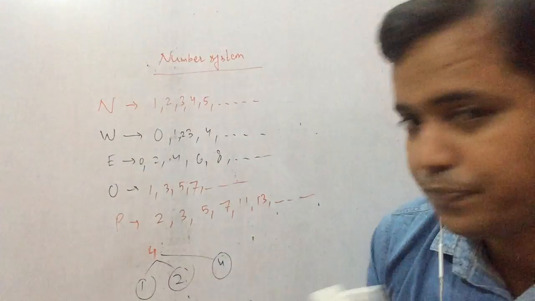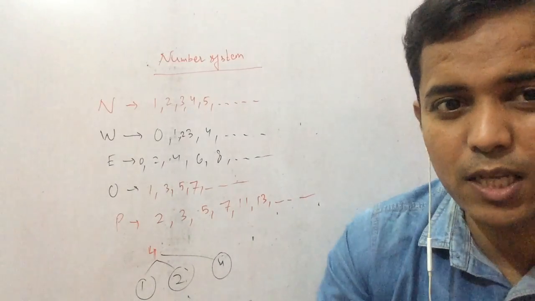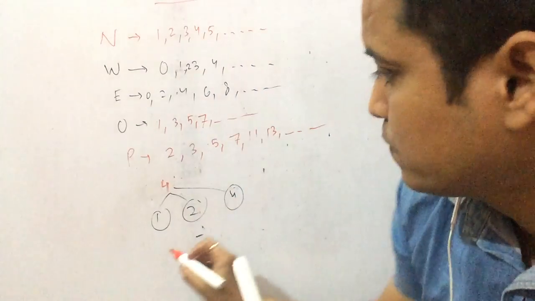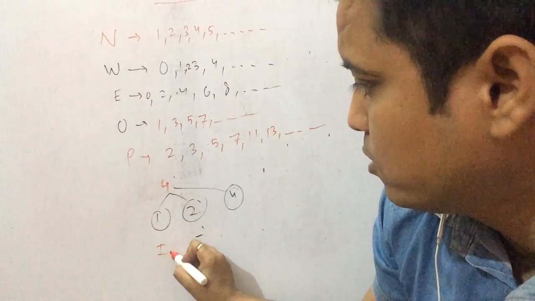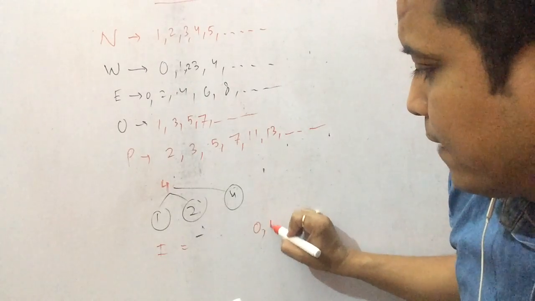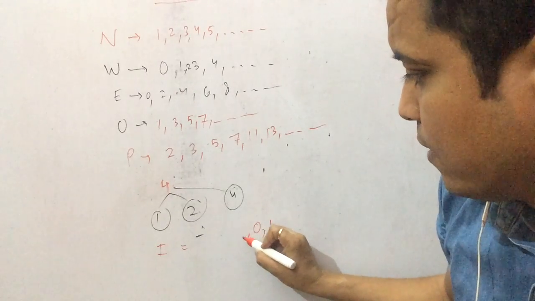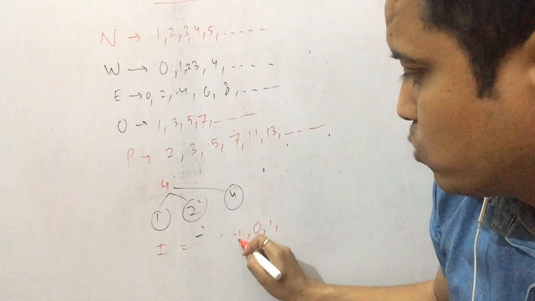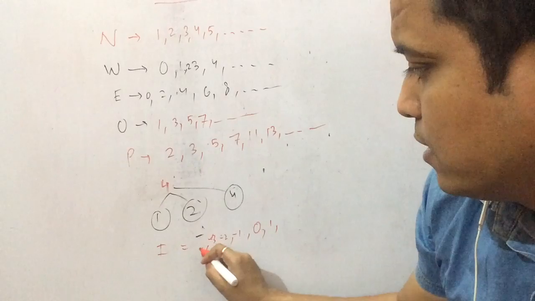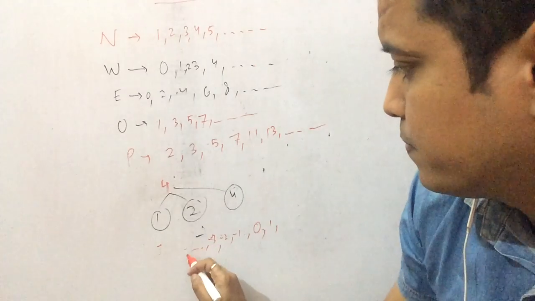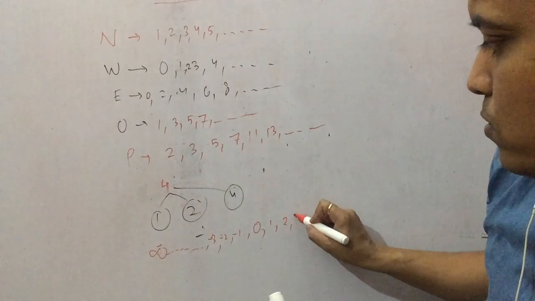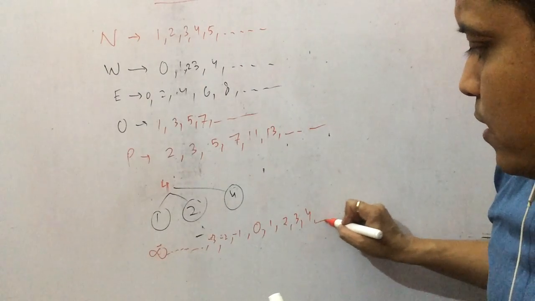Let's talk about another number, like integers. Integers are numbers which include negatives. We include negative numbers like -1, -2, -3, and so on to infinity, and then 1, 2, 3, 4, and so on to infinity.